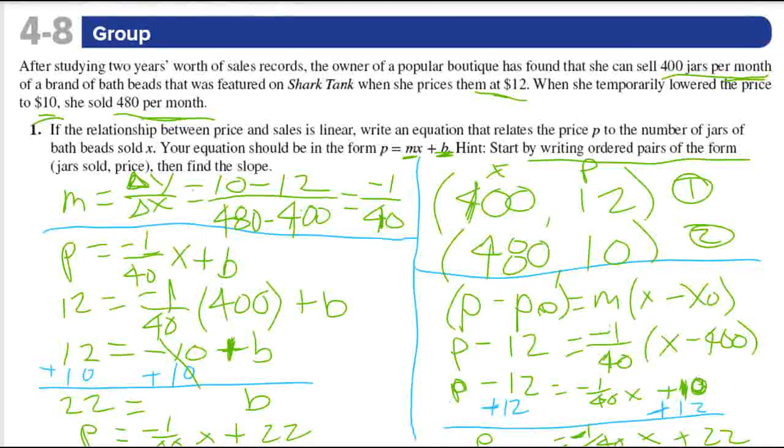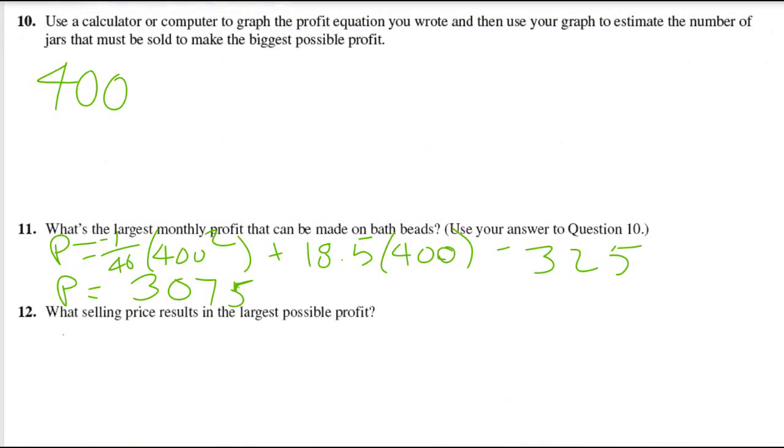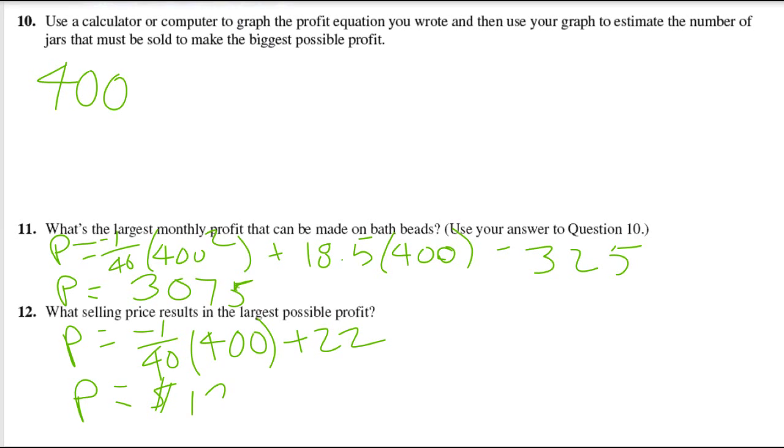So P equals negative 1 over 40 times, we want to sell 400, plus 22. So that tells us the price that will enable us to sell 400, and that is actually, as we decided before, price equals $12.